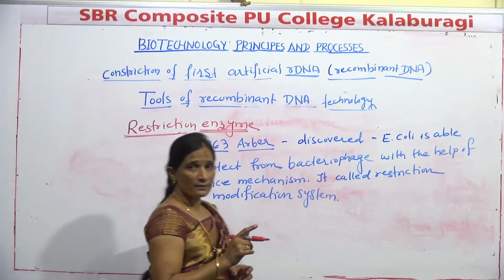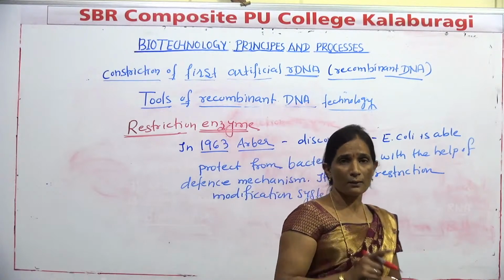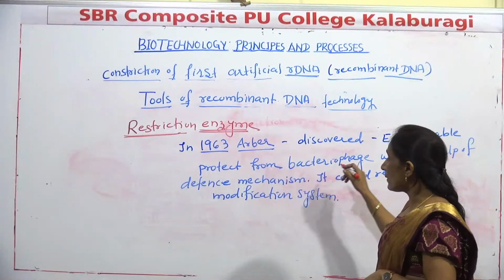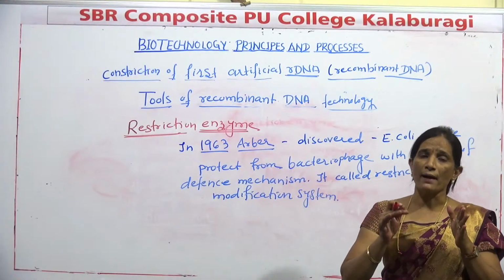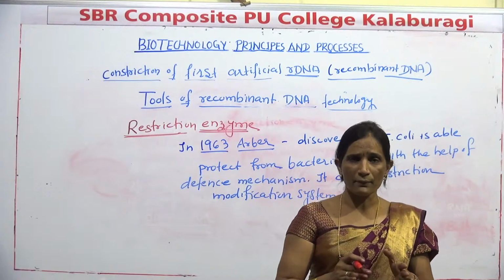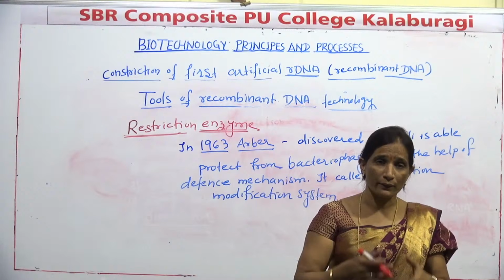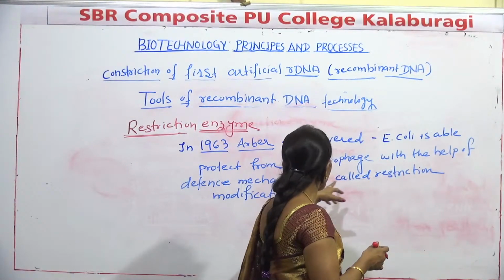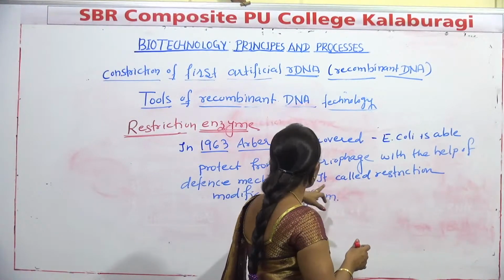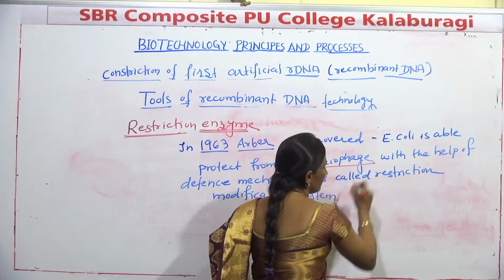In 1963, scientist Arber discovered that E. coli bacteria, Escherichia coli, protects itself from the bacteriophage.